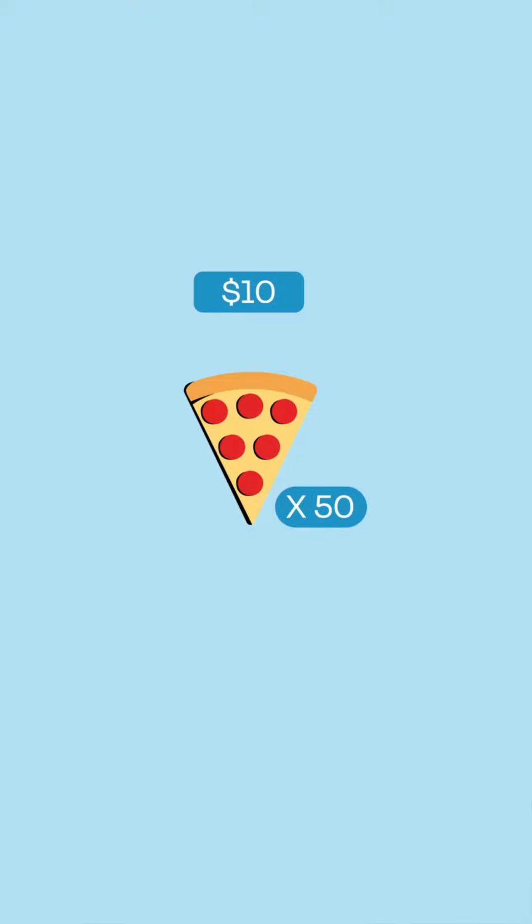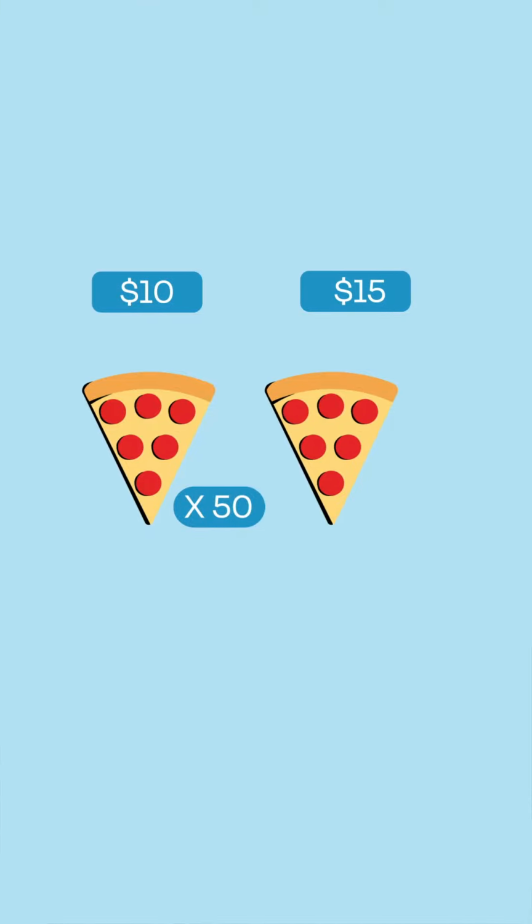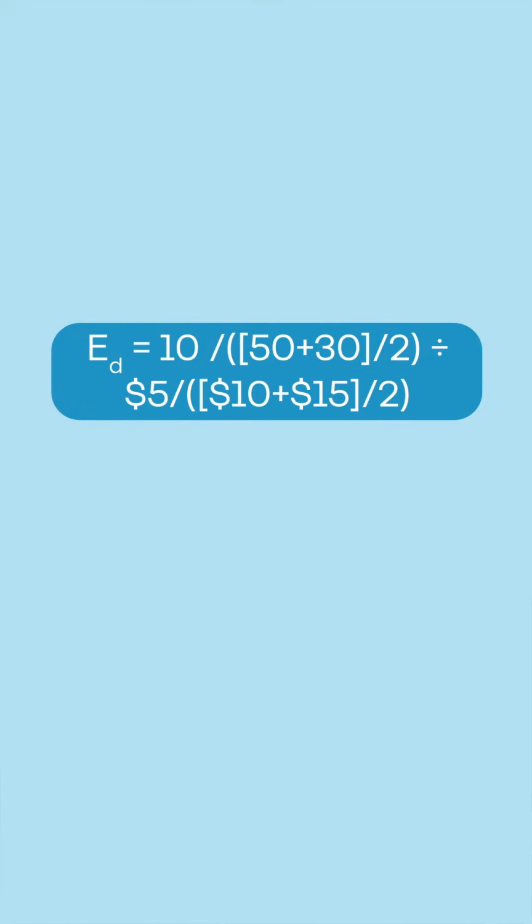That all sounds complicated, so let's finish our example. Let's say that at $10 per pizza, customers buy 50 pizzas, and at $15 per pizza, they buy 30 pizzas. That makes our equation elasticity of demand equals 20 over (50 plus 30) divided by 2, divided by $5 over ($10 plus $15) divided by 2.